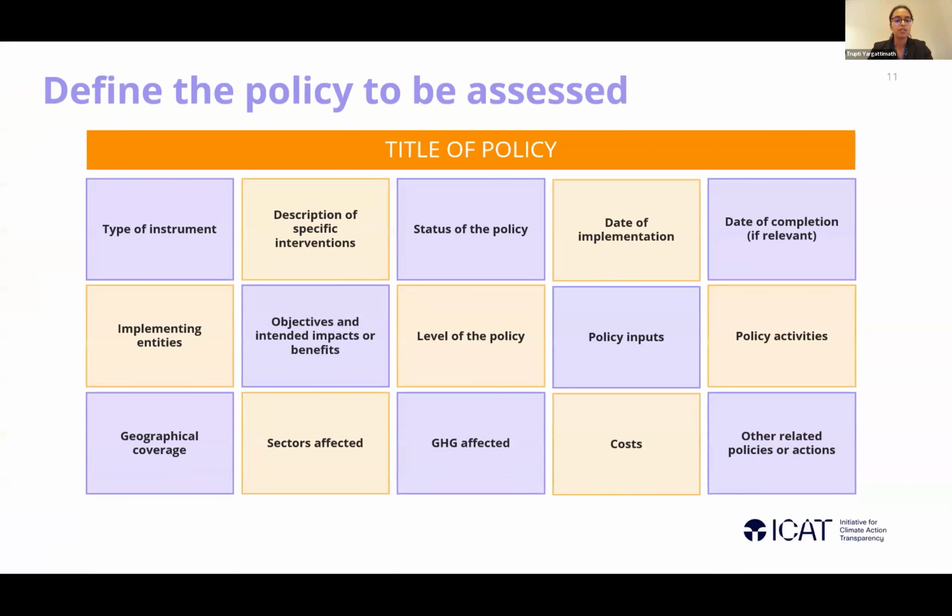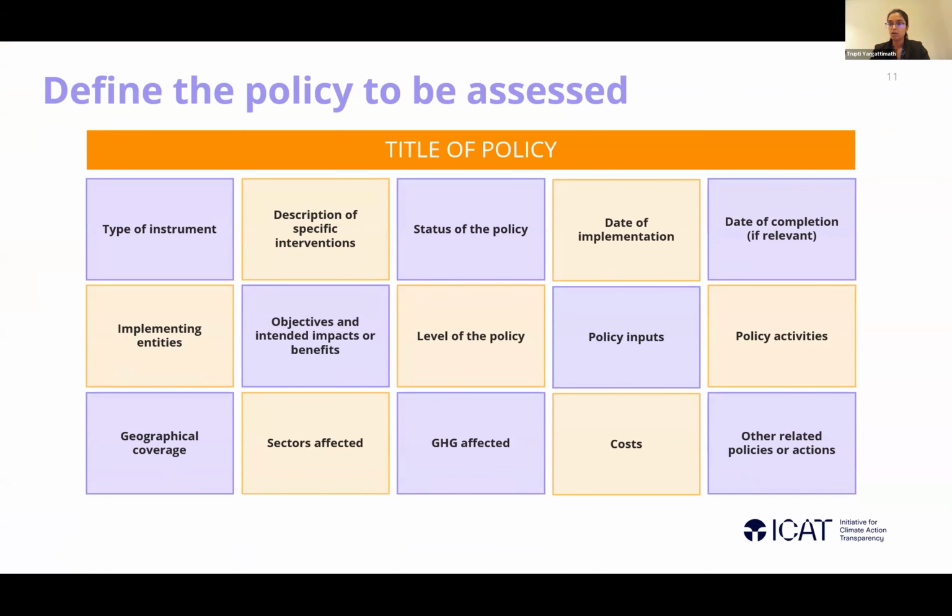So starting with defining the policy to be assessed. To carry out an effective impact assessment, it is important to first have a clear and detailed understanding of the policy being assessed. And to support this, the methodology provides a checklist of key information that we can see on the slide here. And this includes, for example, the type of policy instrument.